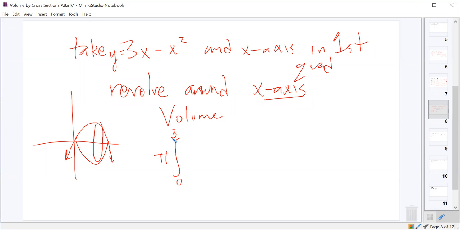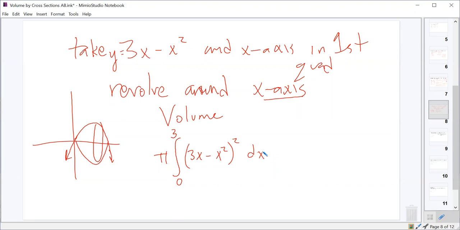And what should be inside of our integral? 3x minus x squared, squared, dx.